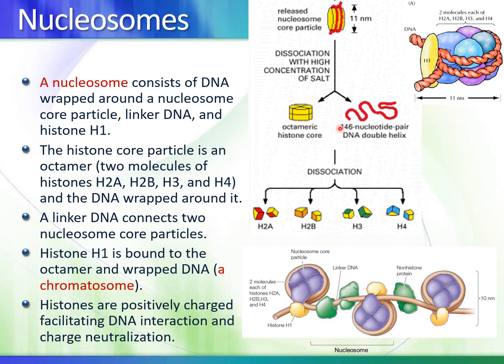Wrapped around this octameric molecule is a 146 base pair DNA molecule. We say base pair because you have 146 on one strand and 146 on the other. So you have this molecule right here, and this is known as the nucleosome.